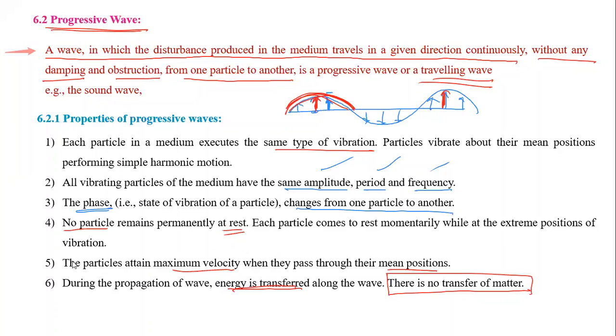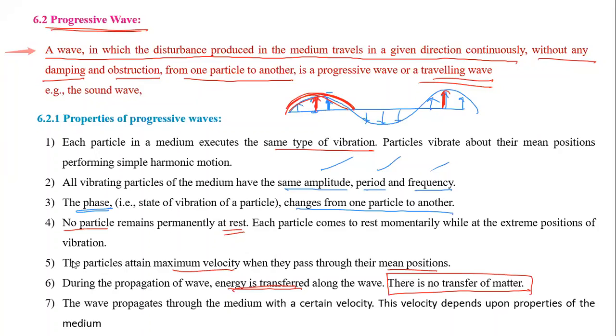The wave does not transfer matter. Next, a wave propagates through a medium with a certain velocity, and that velocity depends on properties of the medium. It means that in every medium a wave has a different velocity, and that velocity depends on the properties of the medium, such as elasticity of that medium.